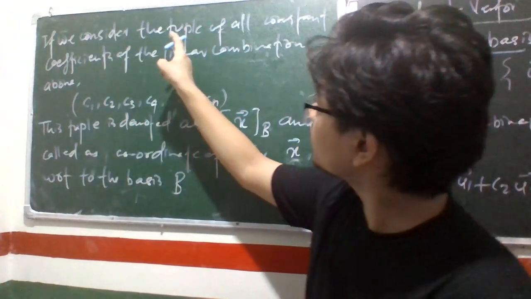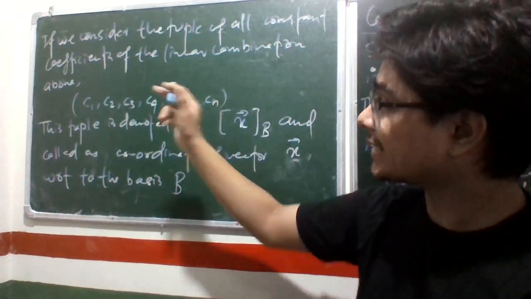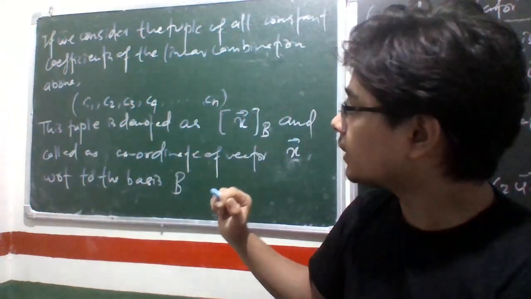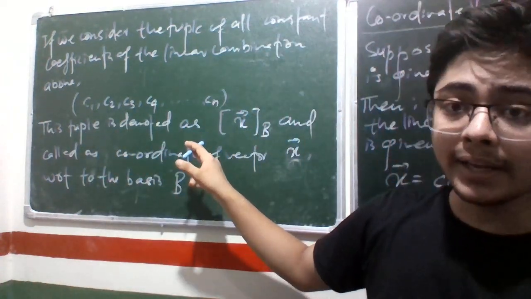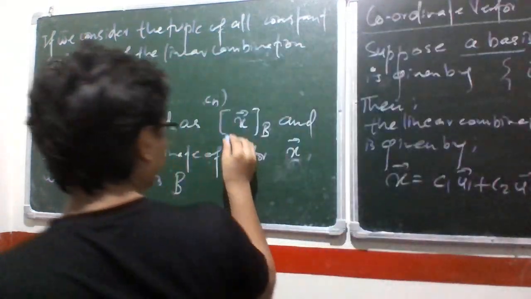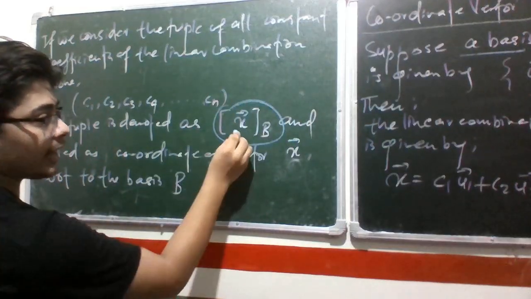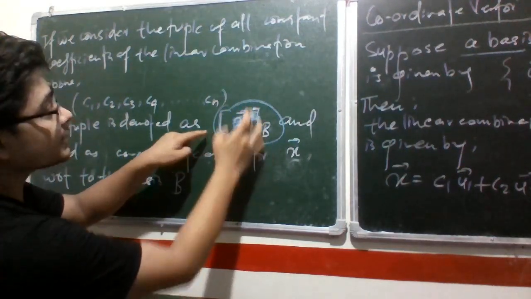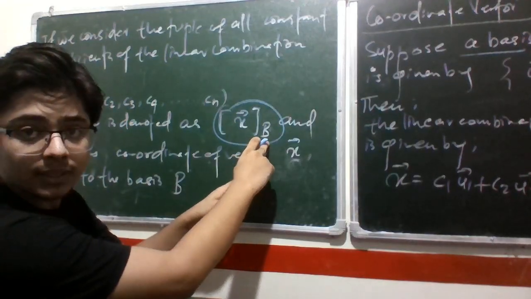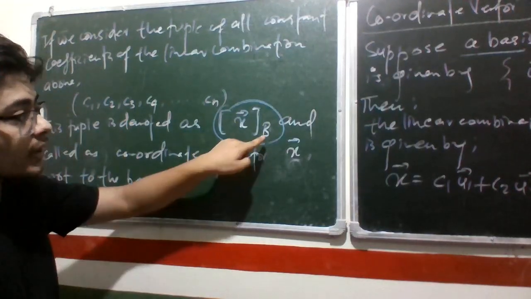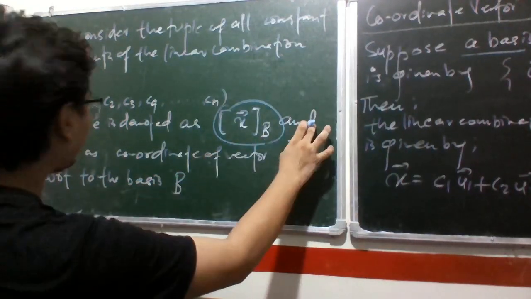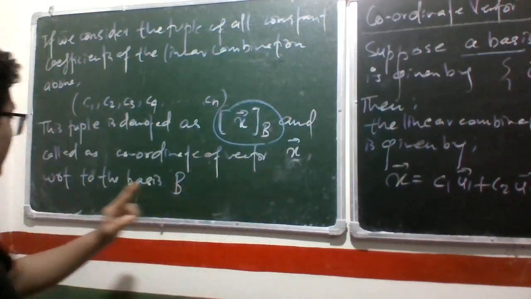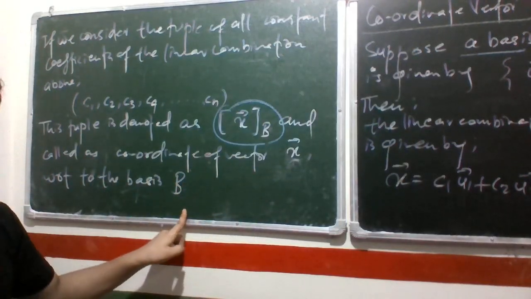And if we consider the tuple of all the constant coefficients of the linear combination to be this, then this tuple is denoted by this notation, x covered with big brackets, where b stands for basis, and it is called the coordinate of vector x with respect to the basis b.